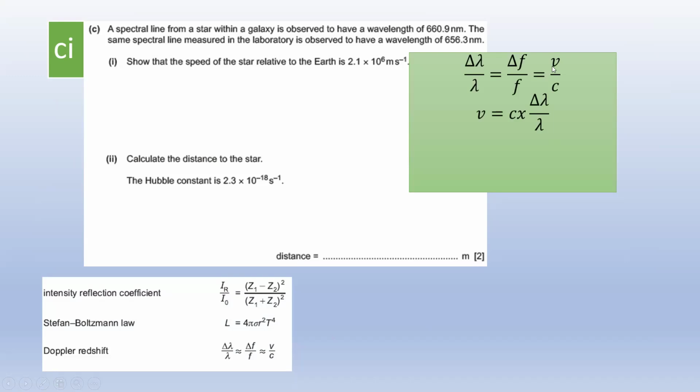Calculate V, cross multiply, and put in your value, speed of light. As long as we use nanometer for this ratio, we are okay, because they will cancel off. This is measured on Earth, divided by the one measured on Earth.